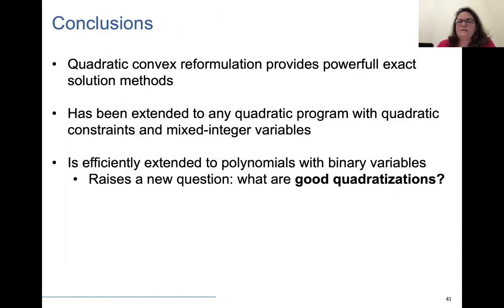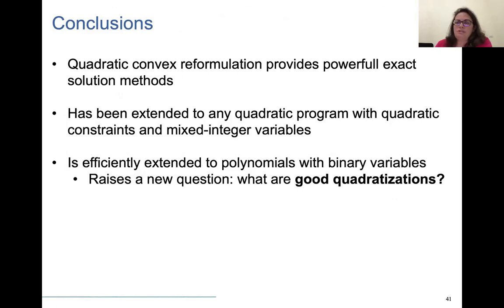So as conclusions, I will say that quadratic convex reformulation provides a powerful exact solution method for these quadratic problems. It has been extended to any quadratic program with quadratic constraints and mixed integer variables. And as I said here, it is efficiently extended to polynomials with binary variables.